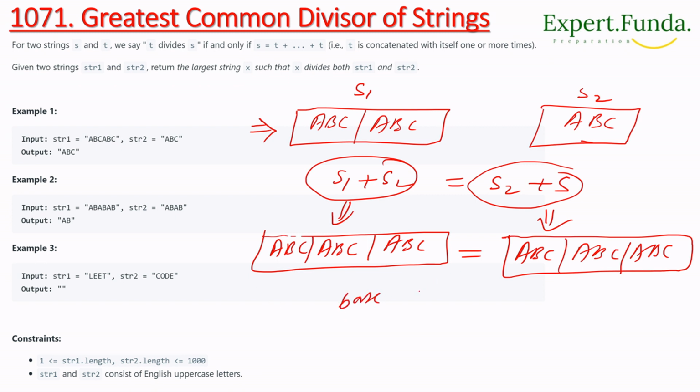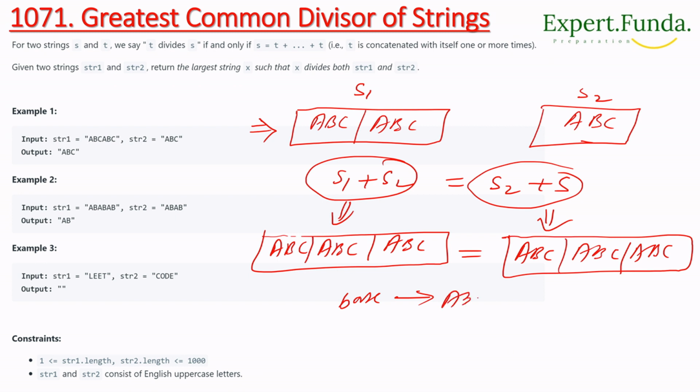And what is the base here? You can see the base is nothing but a common substring, because both strings contain multiples of the identical segment, the base. That base I told you about.